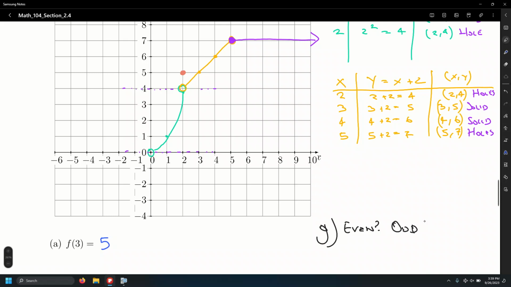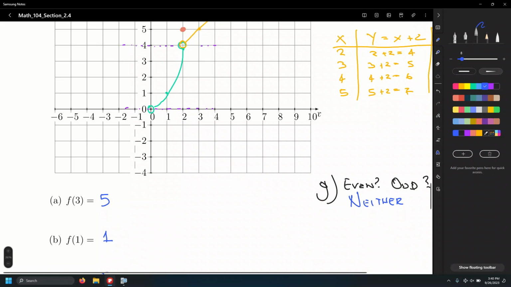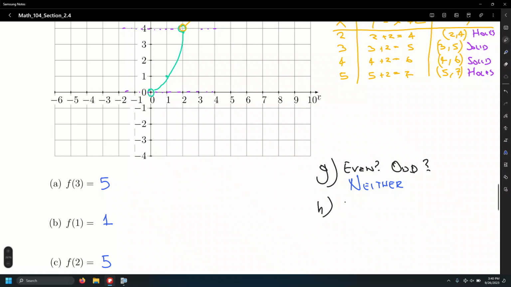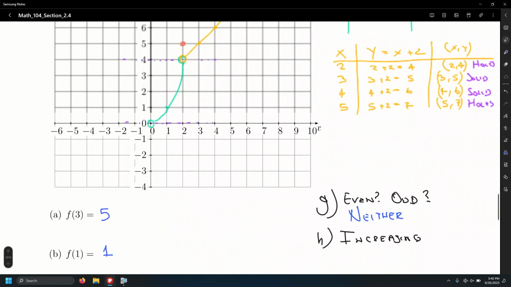So even, odd, neither, which of the three? Neither. No symmetry at all. Increasing. Parentheses, 0, 7 brackets. Well, actually the same as the domain, right? Oh, wait, hold on.